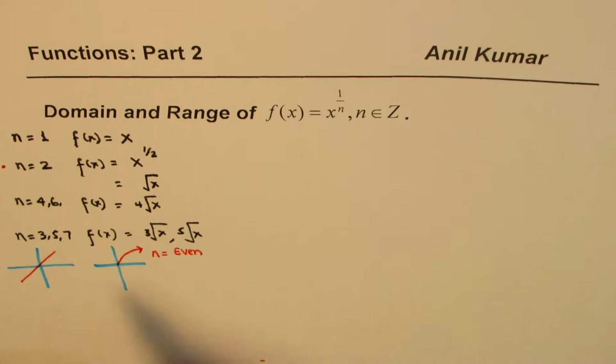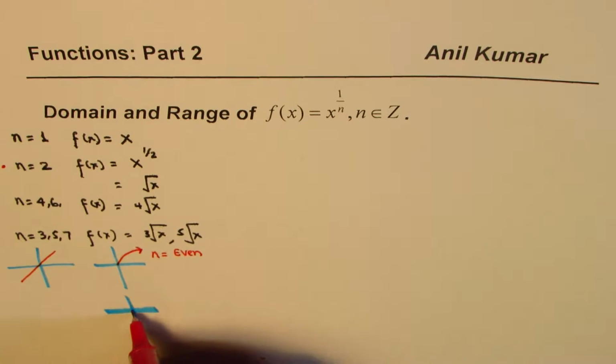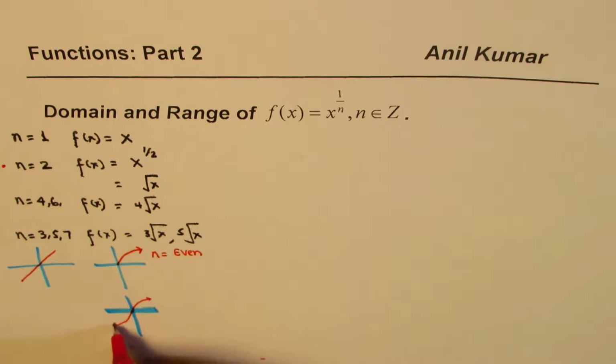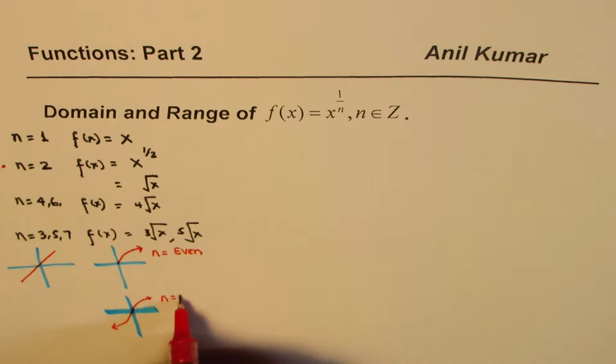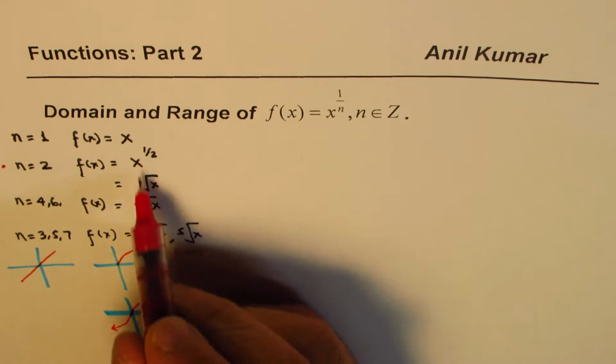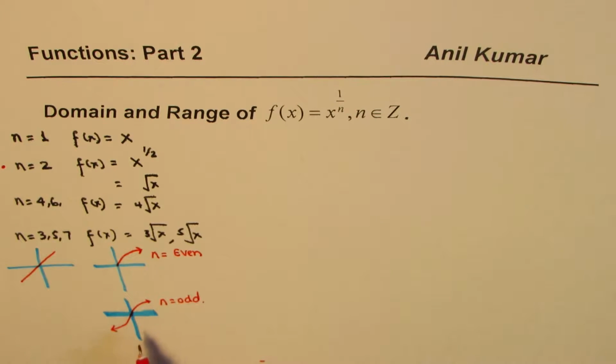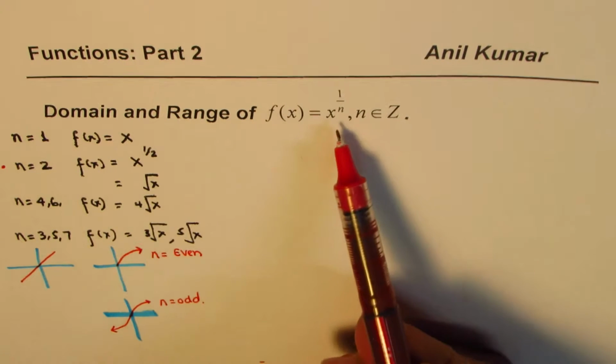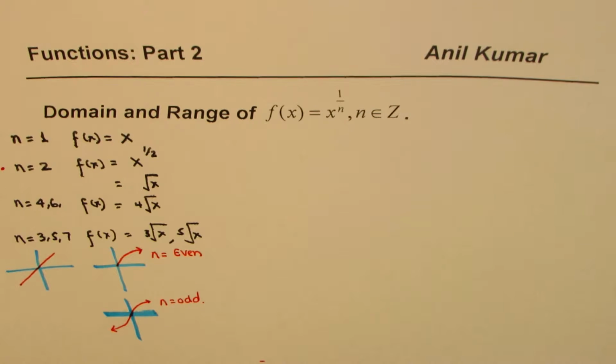And what we observed was that if n is odd, the function will look like this. That is how the function will be when n is positive for this given function.